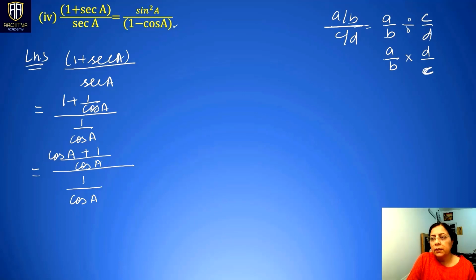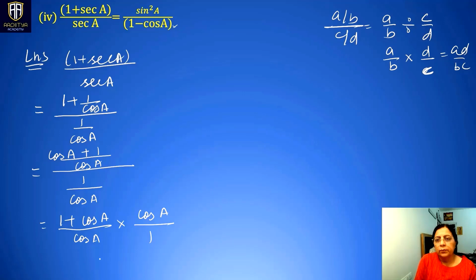This becomes D by C. So what do we get? AD upon BC. That means you have to flip the lower fraction. So we have (1 plus cos A) divided by cos A multiplied by cos A upon 1.